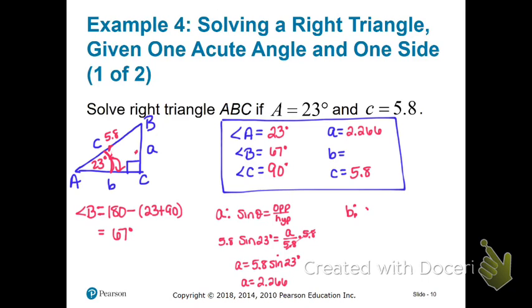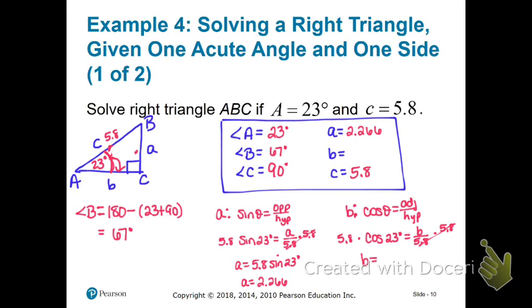Adjacent. So we know that cosine, very good, is adjacent over hypotenuse. So cosine of 23 degrees equals side B over 5.8. So just like before, multiply by the 5.8 to get rid of it.